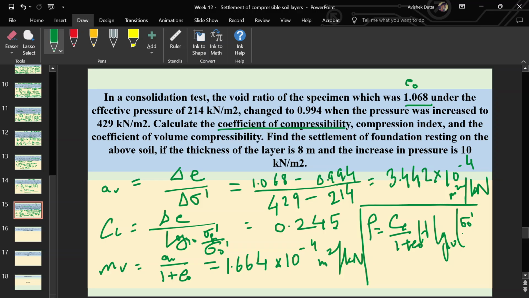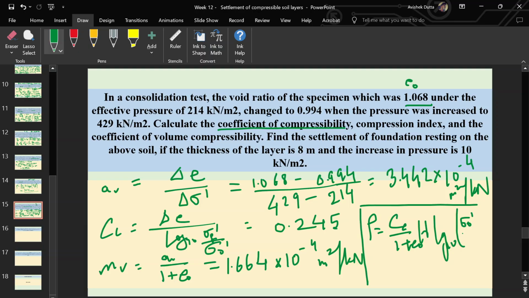Okay, you do one thing, use that formula and find out the answer. Let's see if there are any variations. There won't be, obviously. 1.33 I got, in centimeters. You used MV multiplied by delta sigma into H.